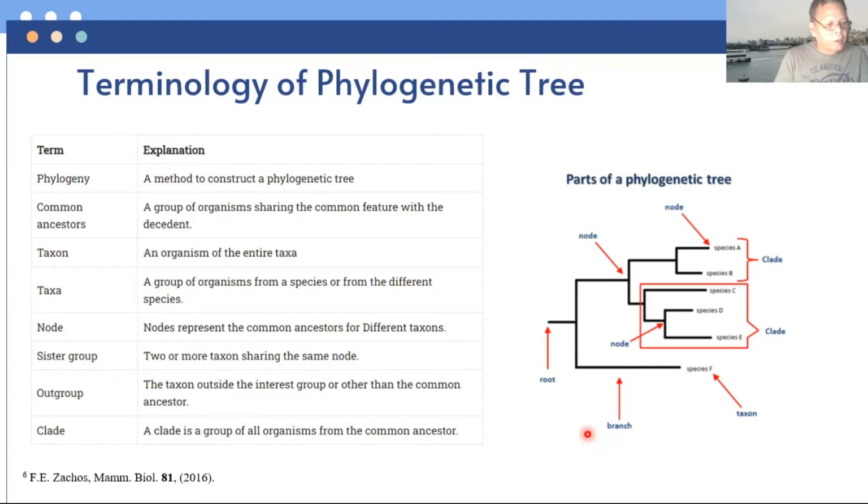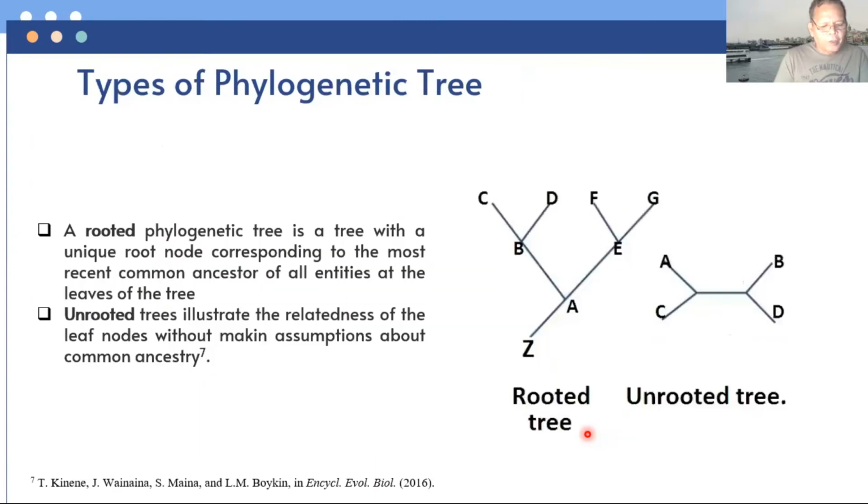Then finding the midpoint or a distance. The midpoint of the most distant two taxa in the tree can be assumed as a root for a phylogenetic tree. Let's see this one.